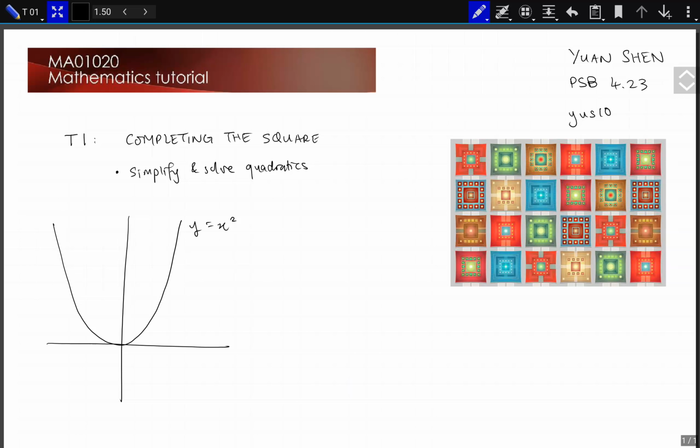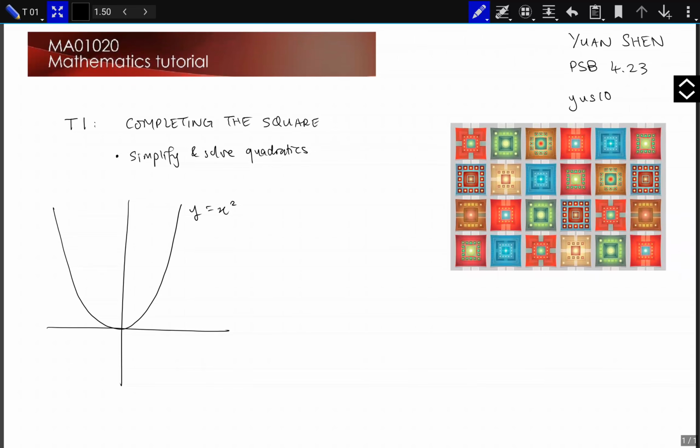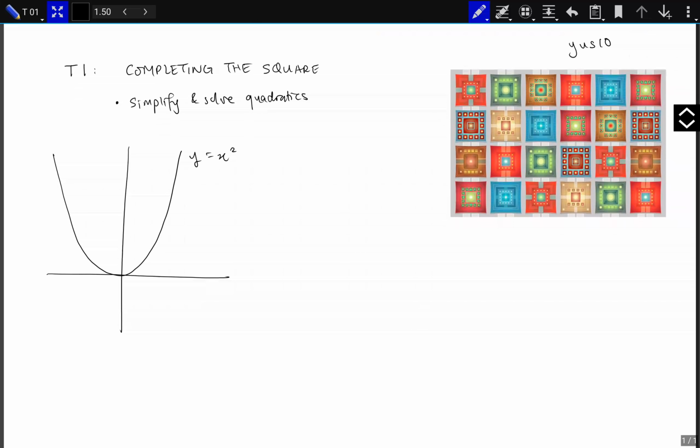And the problem we want to solve, so in mathematics, we often start with a problem. How do we solve the equation x squared equals c for some constant c?